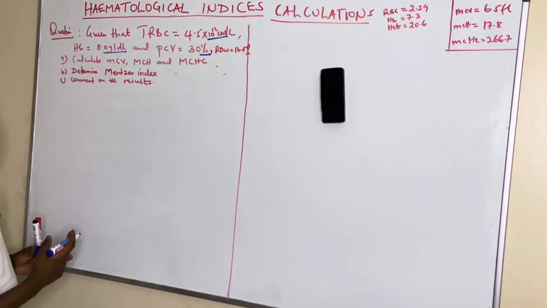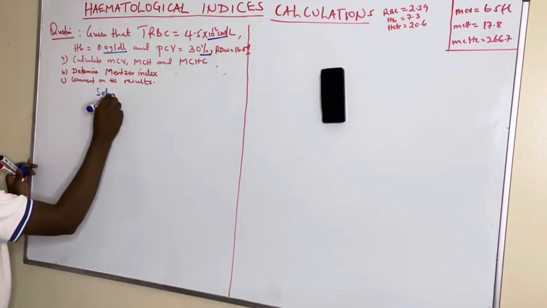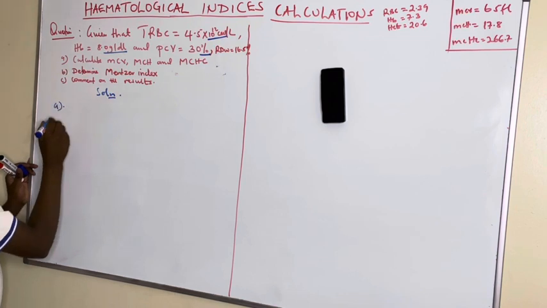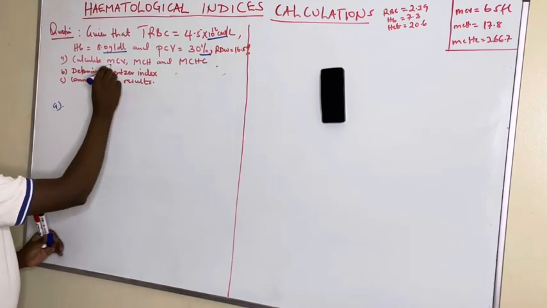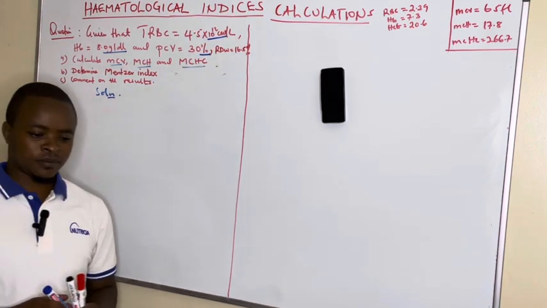And we saw how we are going to be converting. We are going to begin by answering this question, starting with part A, where they require us to calculate MCV, MCH, and MCHC.